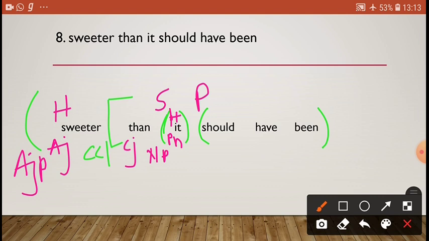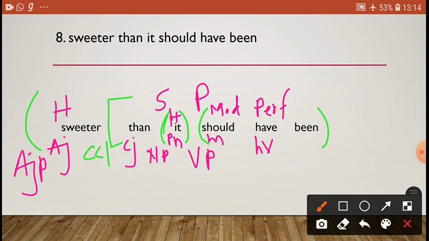Should have been, this is the verb phrase. What is the form of should here? Should is the modal, so write mod on the top and at the bottom write m. Have shows the perfect form, so PERF, perfect, and at the bottom you have to write HV, have.